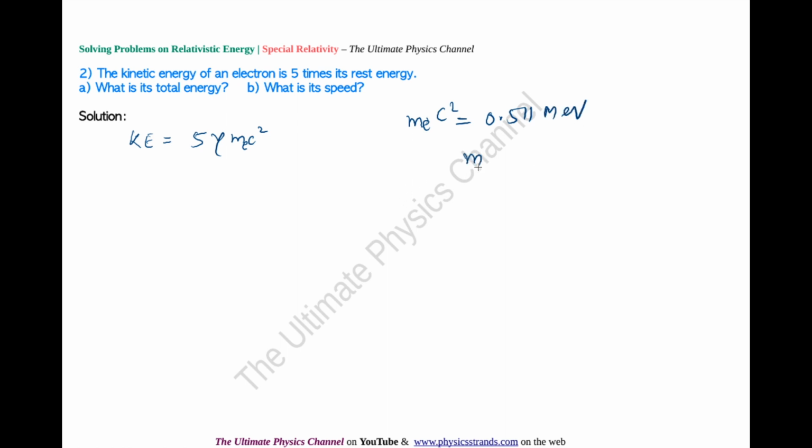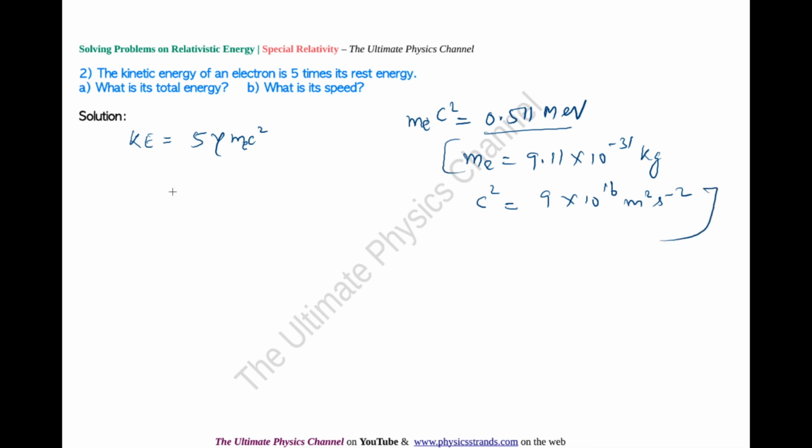That is by taking the electron mass to be 9.11 times 10 power minus 31 kg, and c squared is going to be 9 times 10 power 16 m squared per second squared. If you multiply these two quantities and then convert from joule units to MeV units, we end up getting this number.